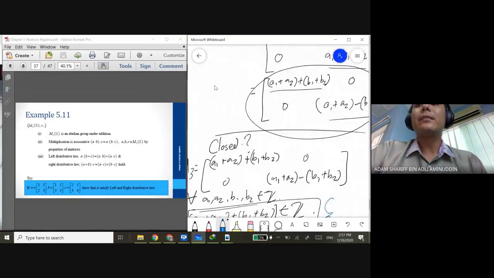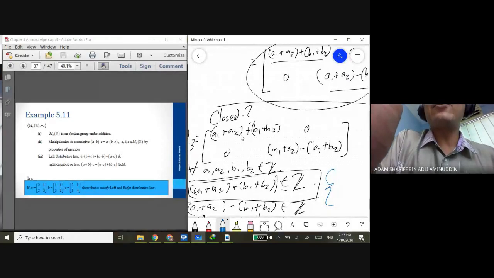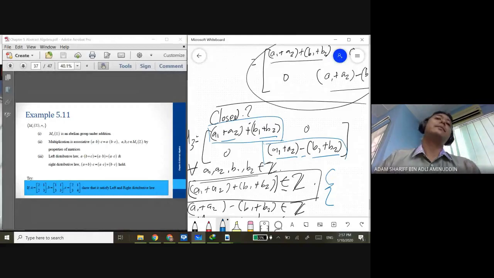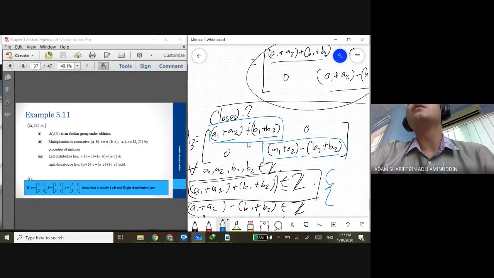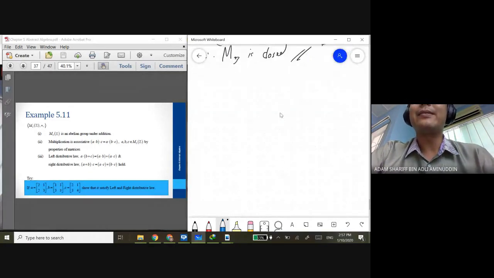Okay? As you realize, I try to put in this form back. A plus B, this is A minus B. The same structure. Okay? I need to have some space. Ada space lagi? Ada. Alright.